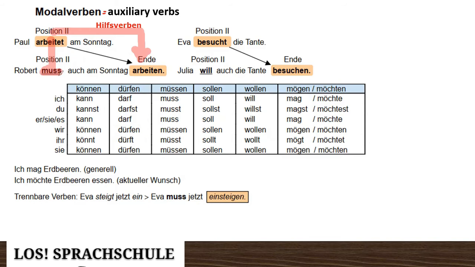It must be conjugated. For example, Paul arbeitet. And since the helping verb took its position, we also have to conjugate it, in this case, in the he form. Robert muss, ich muss, sie muss, wir müssen, and so on.